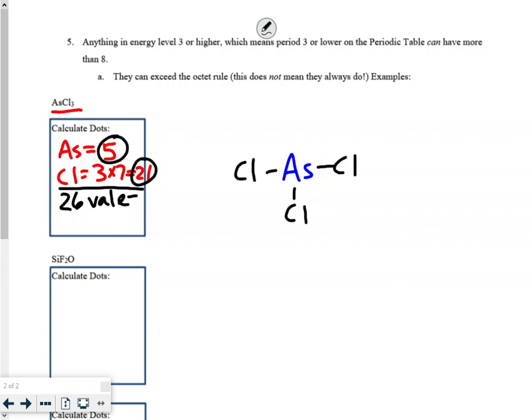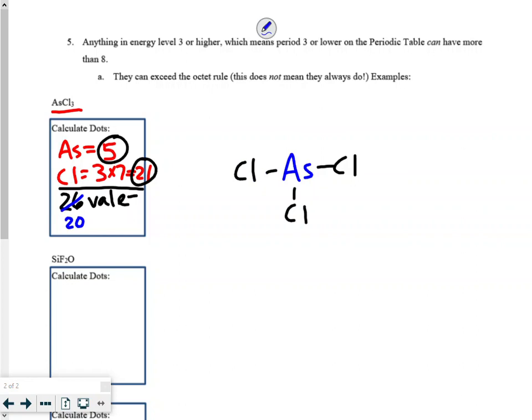Okay, so I attached all of my chlorines using single bonds. And I have also used some of my 26 electrons now to create those single bonds. Each single bond is worth 2. 2, 4, 6. So now I'm down to 20 valence electrons.